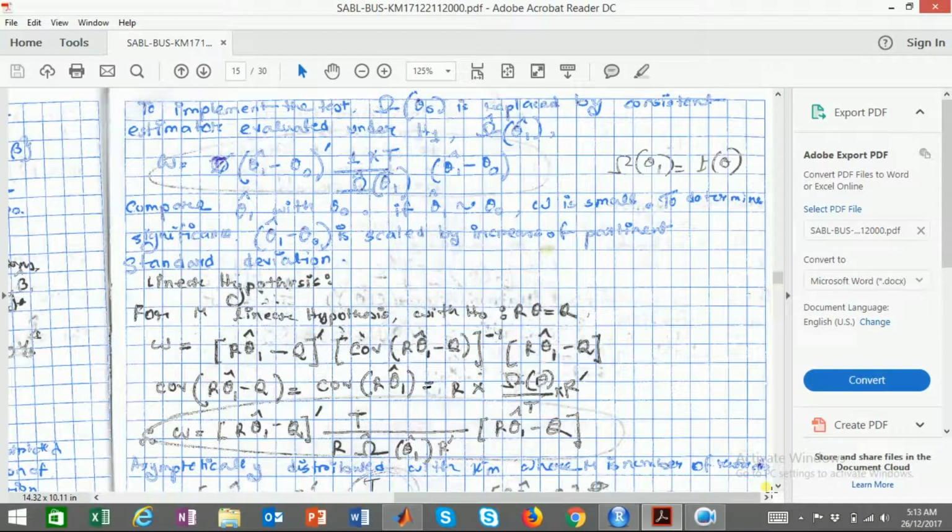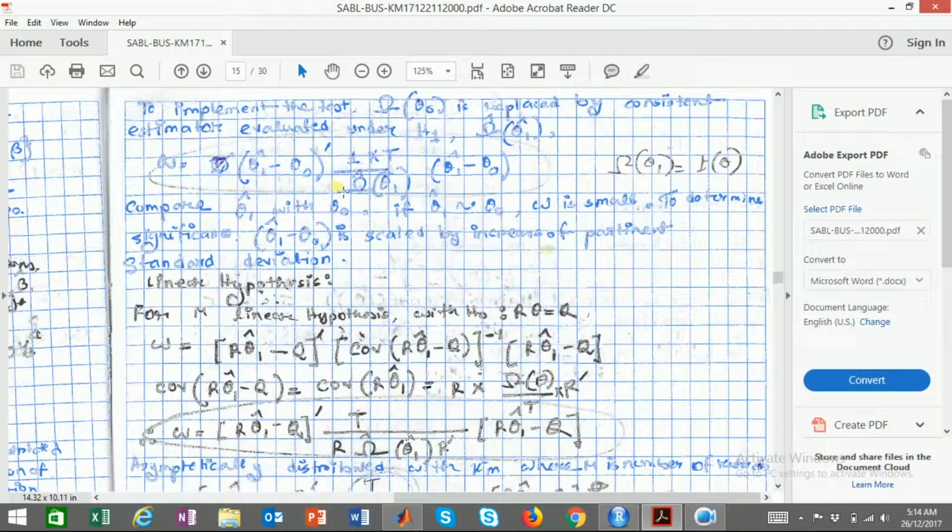To implement the test, the variance omega theta naught is replaced by a consistent estimator evaluated under the null. The variance of the true population parameter is replaced with its estimate, but this is unrestricted, because there is no restriction in the Wald test on parameter theta 1.